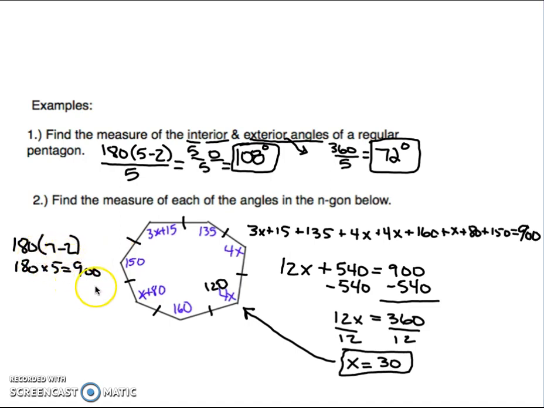So that's how I calculated, using my first theorem to find the interior angle sum, and then I had to calculate for each angle so that we could figure out what we would have for x, and then once we solve for x, we can plug that back in, and then we can find the measurement for each of our angles.